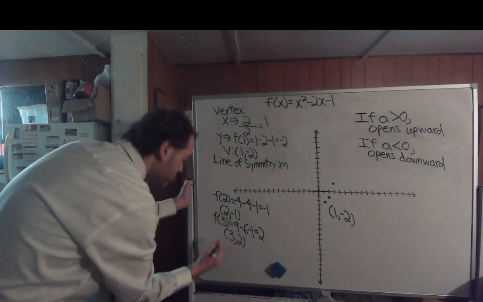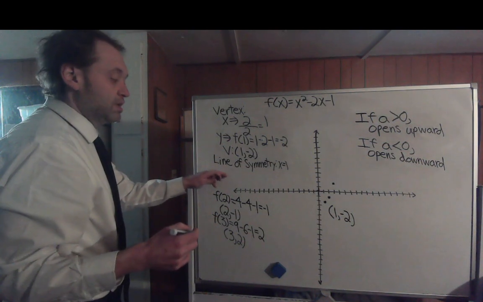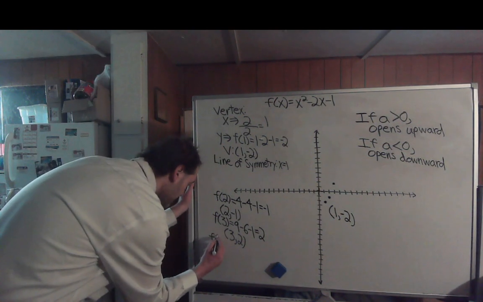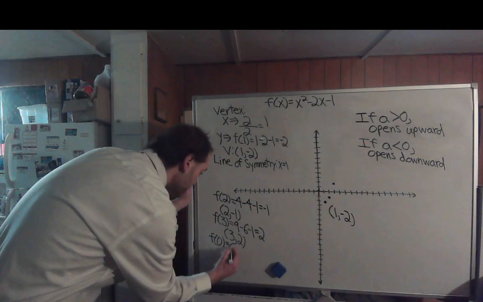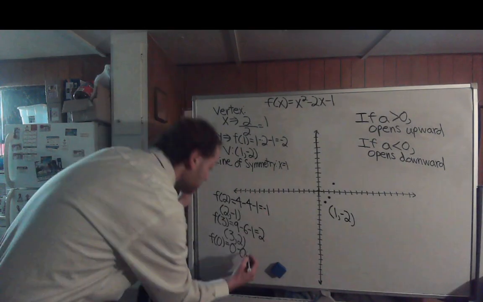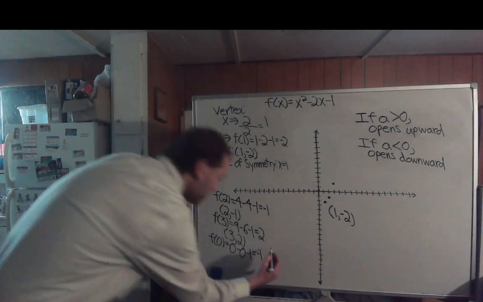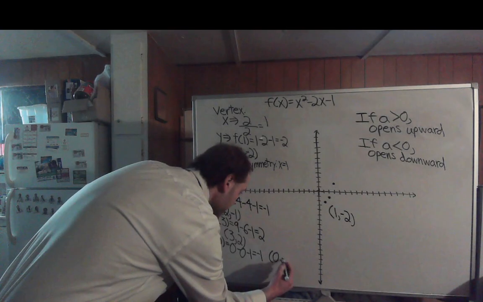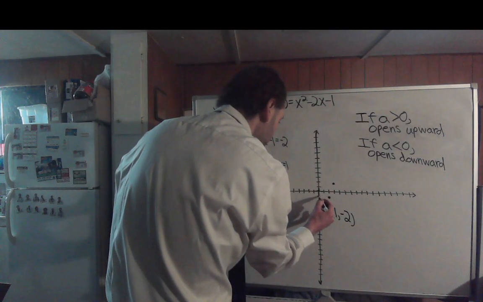Now, let's go to the left of the line of symmetry of x equals 1. Let's put in f of 0. F of 0 is going to equal 0 squared is 0, minus 2 times 0, which is 0, minus 1, which would equal negative 1. So you'll end up getting the point 0, negative 1, which would be right there.